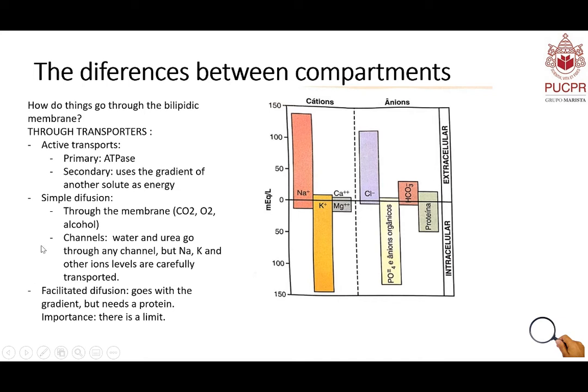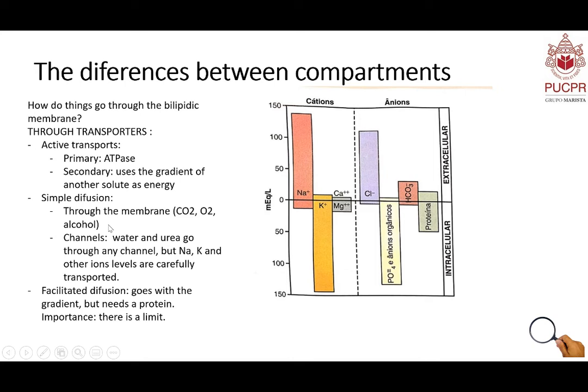When we have small molecules that are not electrically charged, they can simply go through the membrane. So like CO2 and oxygen and alcohol, there is no problem for these molecules just to go through the membrane.